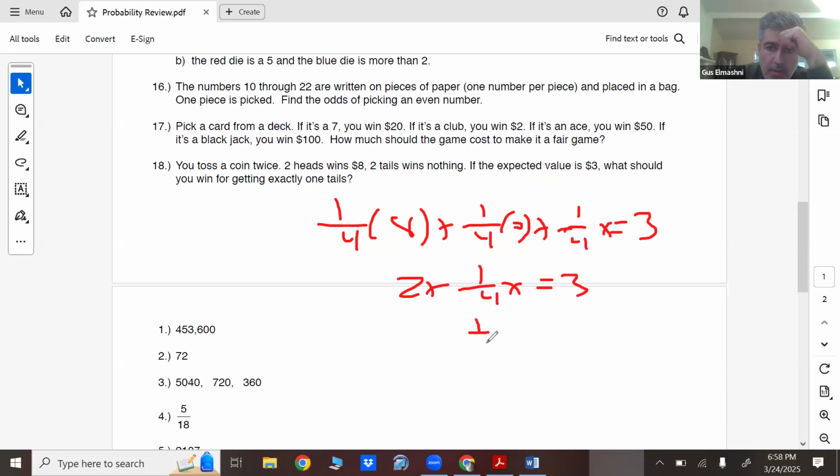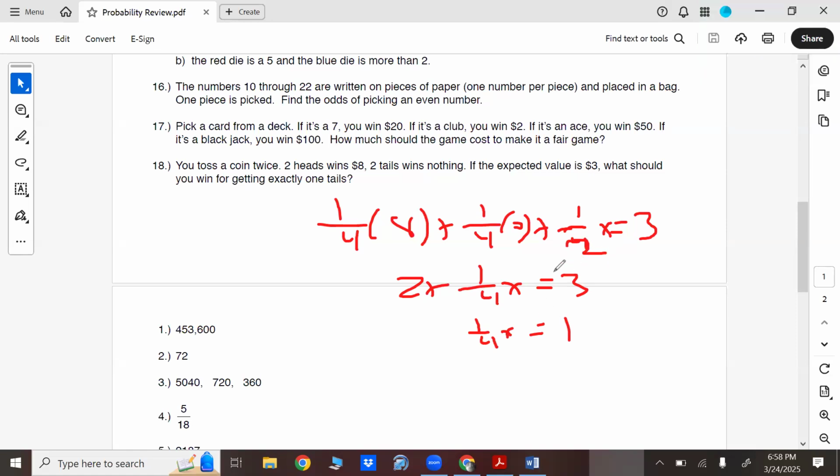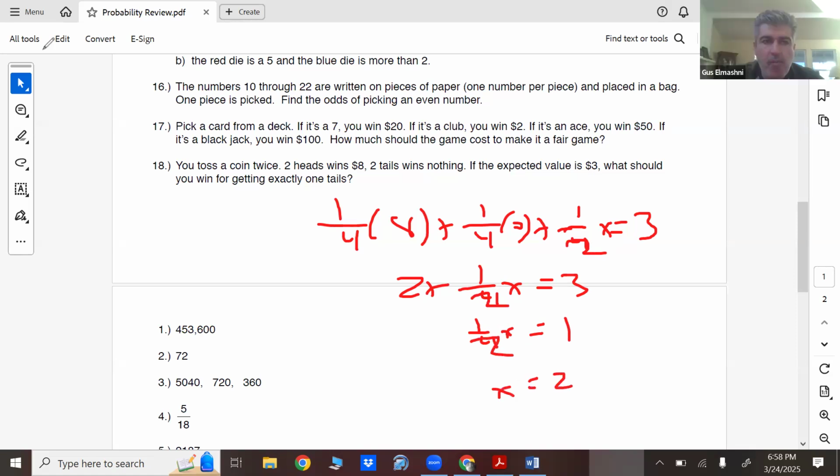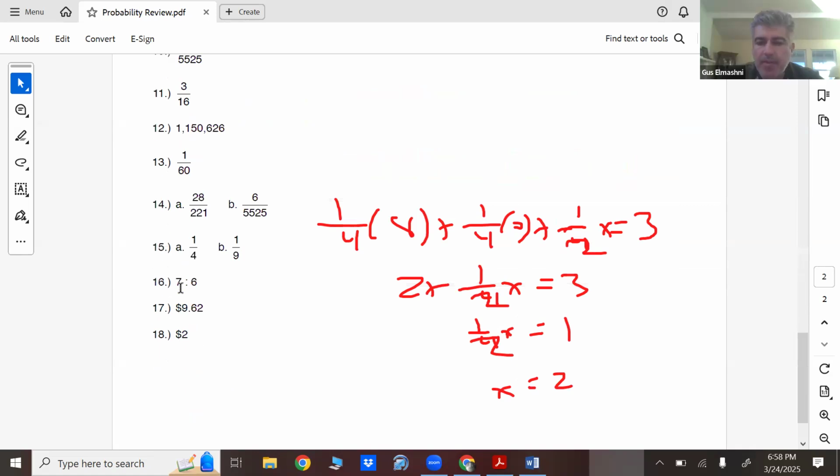So 2 plus that, so 1/4 x. That's one tail. Oh, it's a 1/2 chance, my bad. So x has to be 2. Yeah, that makes sense. Okay.